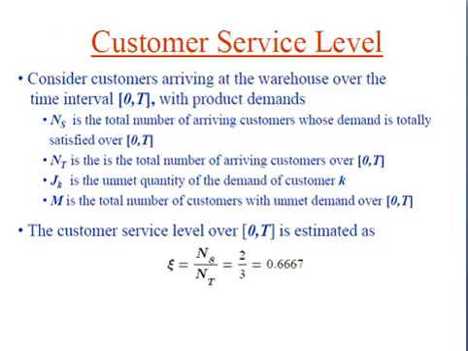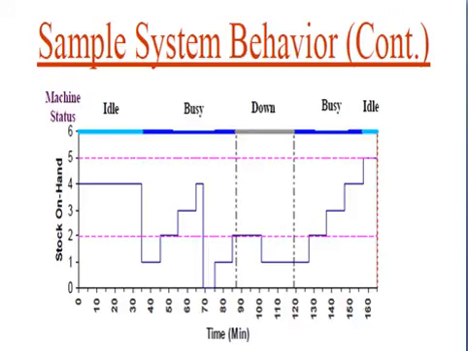NT. We can see there were 3 customer arrivals and 2 customers' demands were fulfilled, and one customer's demand was unmet. So let's go to that figure. Here you can see that our inventory is dropping at t equal to 35.